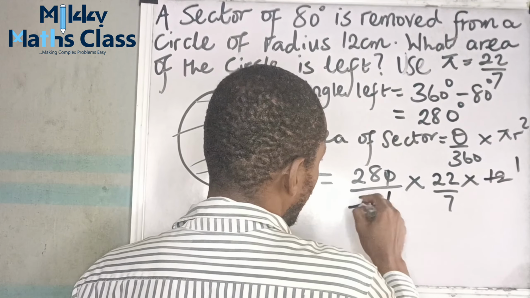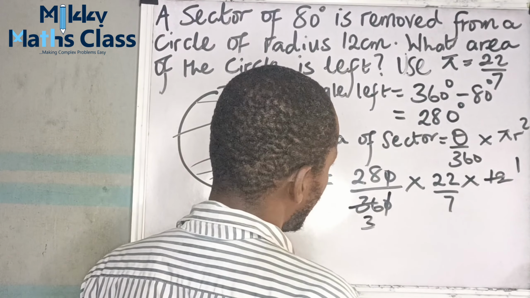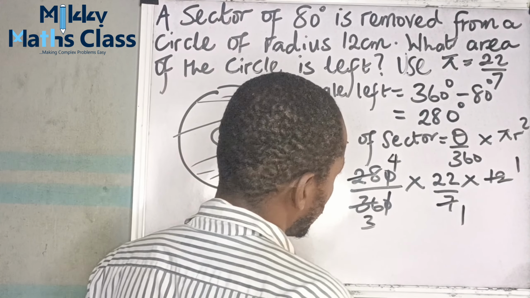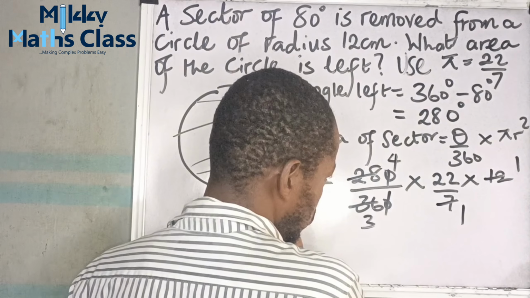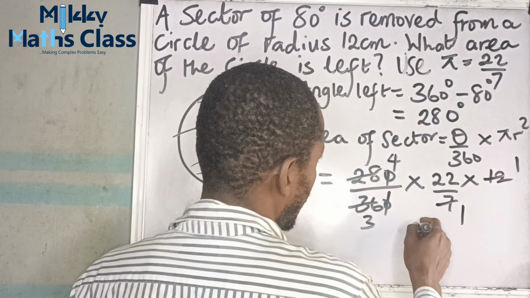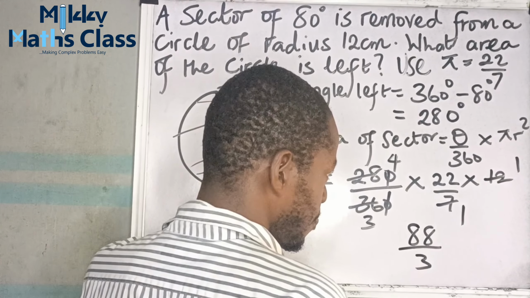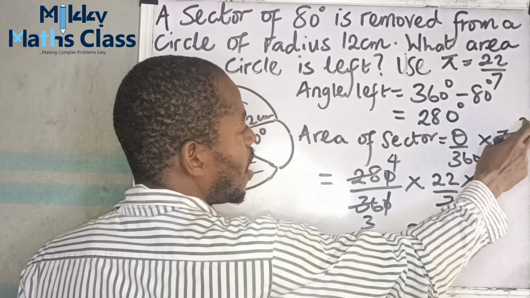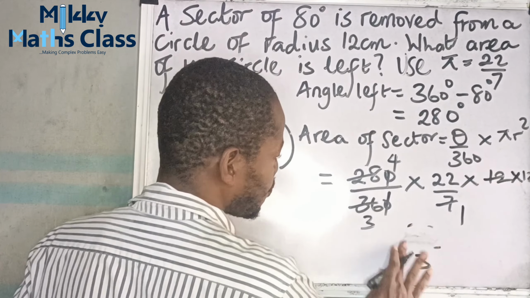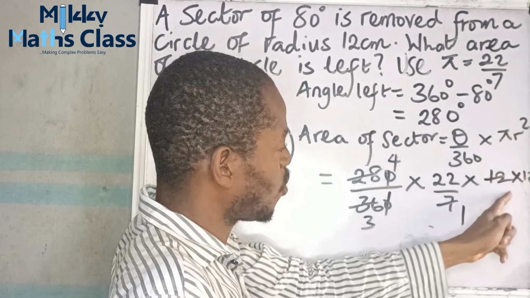12 here 1, 12 here 3. So here we have 7 here 1, 7 here 4. We have 4 times 22, that's 88, over 3. Okay, sorry, this is r squared. So this times 12 times 12, because our radius is 12, so r squared will be 12 times 12.